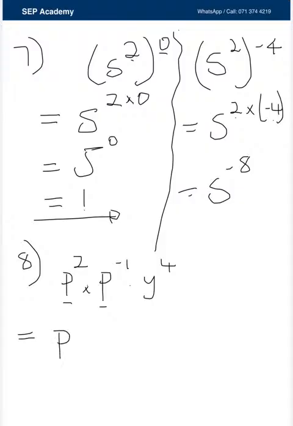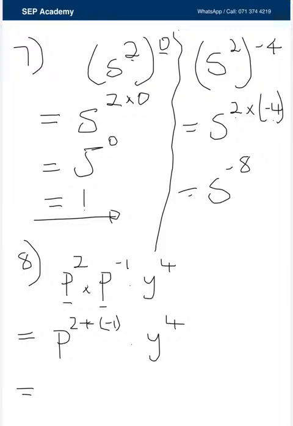So that means we've got p, and then you need to add that 2 to that negative 1. This one being y, you can't do much about it because that base is not the same as the one you are dealing with.